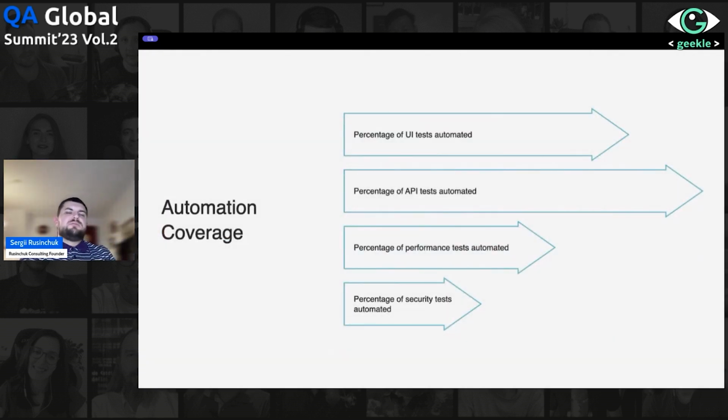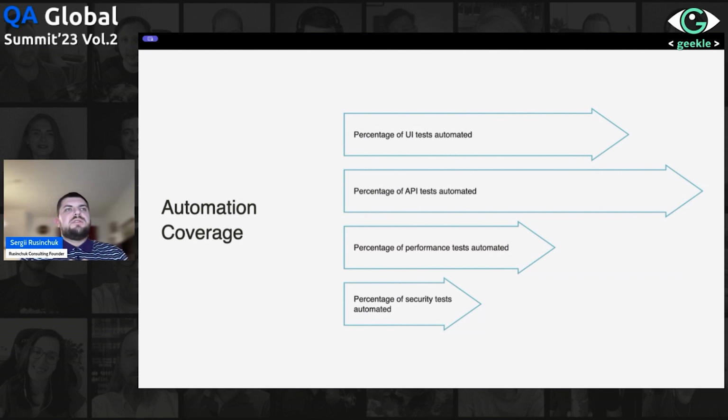That's about automation coverage. We are tracking here the percentage of different types of tests covered. I have defined here the most popular and most usable: UI tests, API tests, performance tests, and security tests.